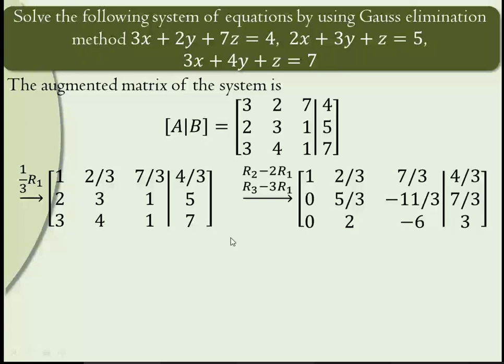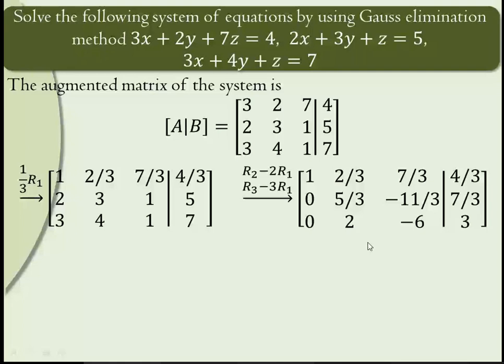So it will be 2 minus 2 times 1, 3 minus 2 times 2 by 3, 1 minus 2 times 7 by 3, 5 minus 2 times 4 by 3. That gives us the second row. By using this, there is a change in the third row. It will be 3 minus 3 times 1, 4 minus 3 times 2 by 3, 1 minus 3 times 7 by 3, 7 minus 3 times 4 by 3. That gives us the next row.